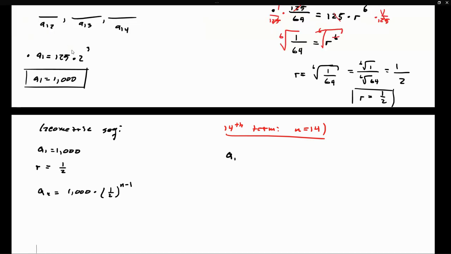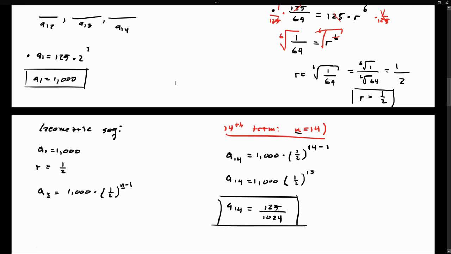We get a sub 14 is equal to 1000 times 1/2 to the 14 minus 1, because all we did was substitute the value of n to be 14. So now this becomes a sub 14 is 1000 times 1/2 raised to the 13. If we do this on our graphing calculator, we get a result of just 125 over 1024.